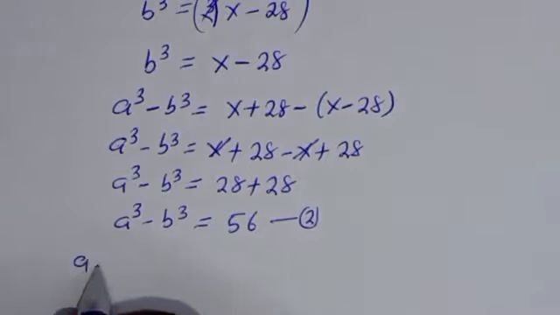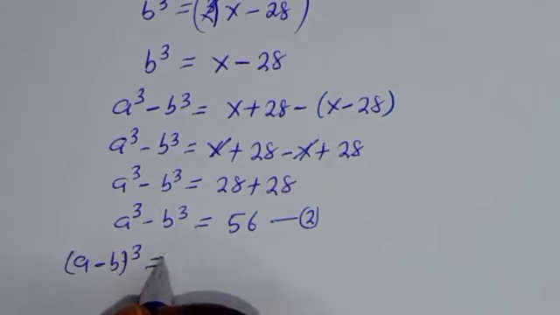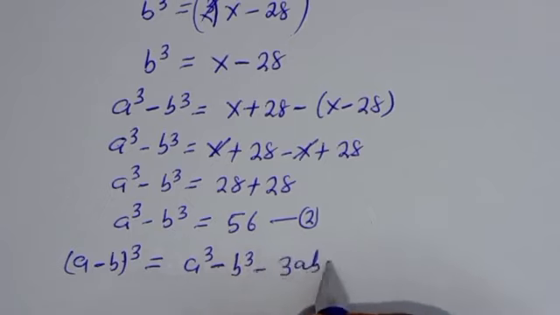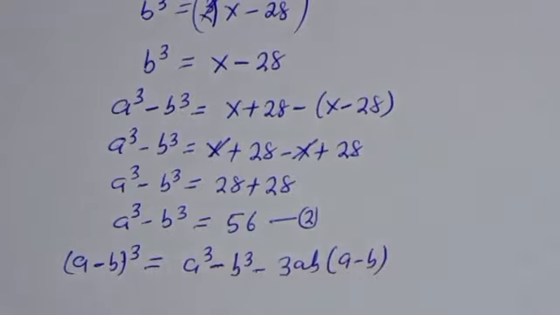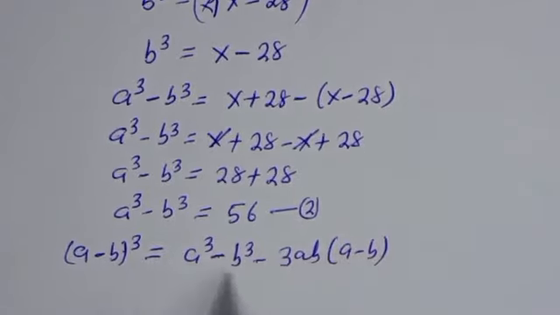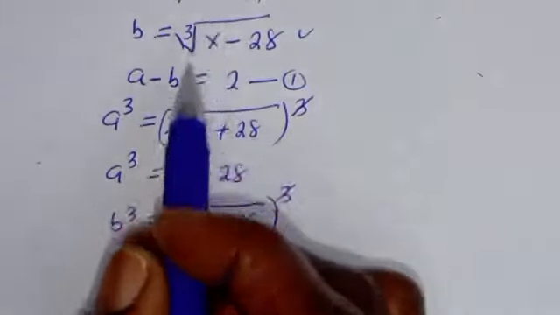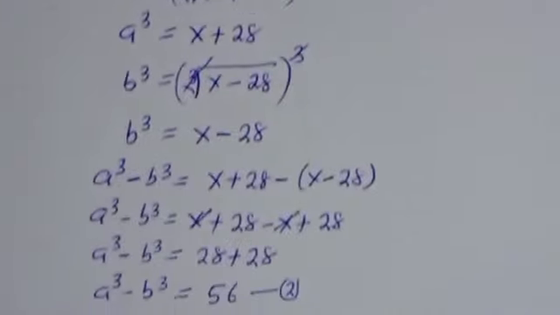Note that a minus b to the power of 3 is equal to a raised to power 3 minus b raised to power 3 minus 3ab bracket a minus b. But we know that a minus b is equal to 2 from equation 1.